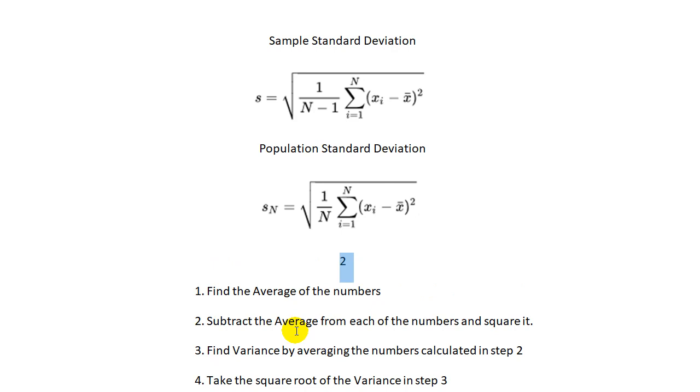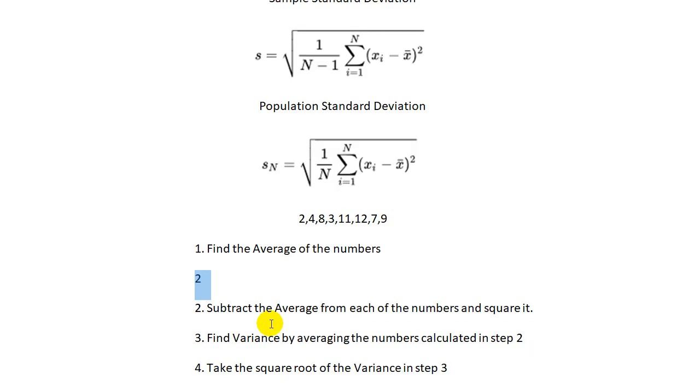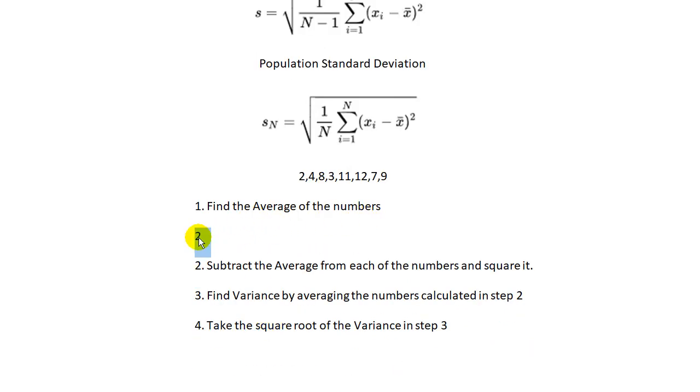Okay, so let's look at some actual numbers here to see what's going on. Again, we need to understand the problem, so let me just pick some numbers. This will be my set of numbers that we're going to work from. The first thing is to find the average of all the numbers. We take the first number in that set, 2, plus 4, plus 8, plus 3, and so on, and add those up, right?